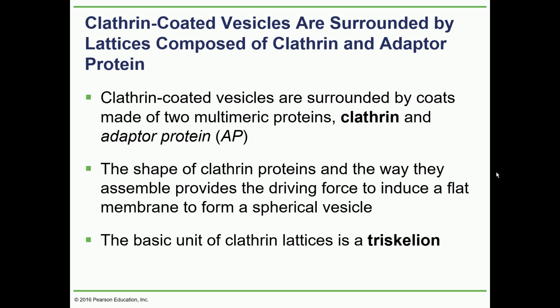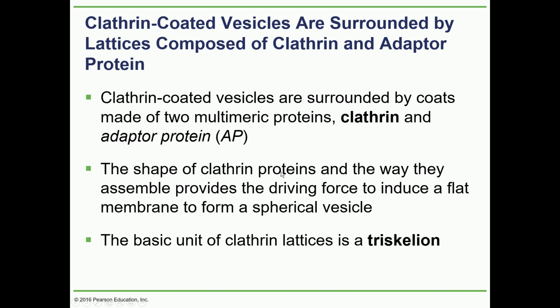Okay. So now we are going to talk in more detail about the protein clathrin, its basic unit and how it helps in the formation of the curvature in the vesicles. Clathrin coated vesicles are surrounded by coats made of two multimeric proteins, clathrin and adaptor proteins.